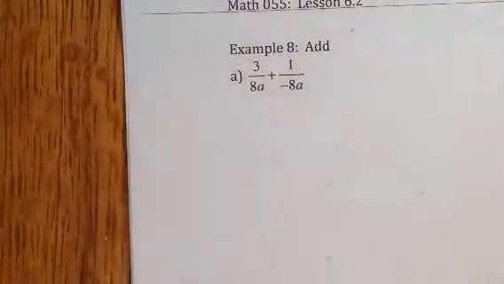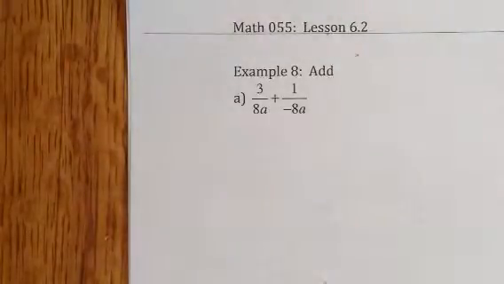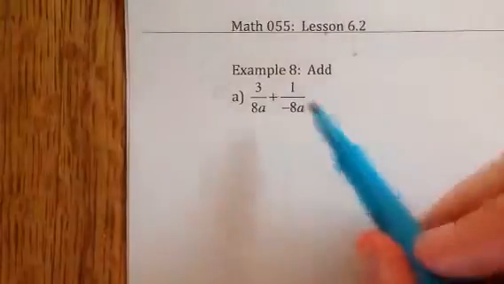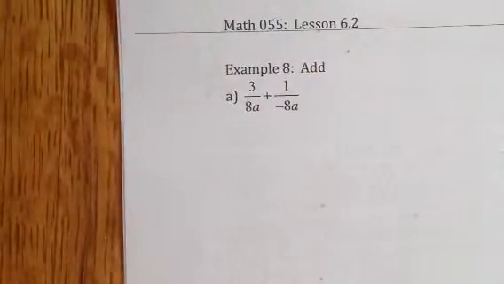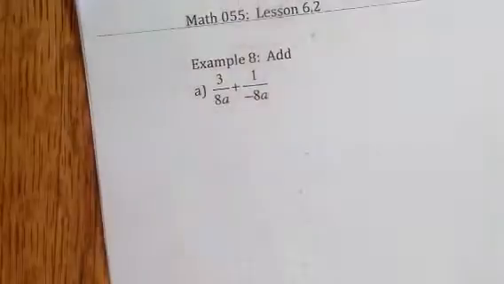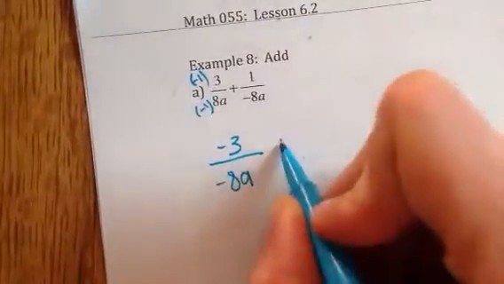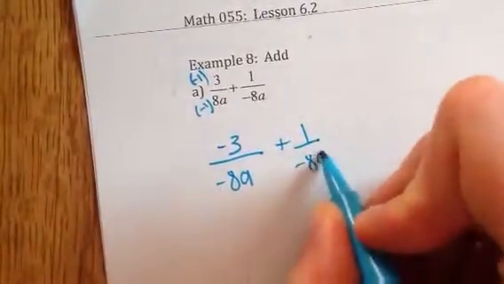In example number 8, we want to add these together, but negative 8a is not the same thing as positive 8a. So we can easily make it negative by multiplying top and bottom by negative 1. So negative 3 over negative 8a plus 1 over negative 8a.